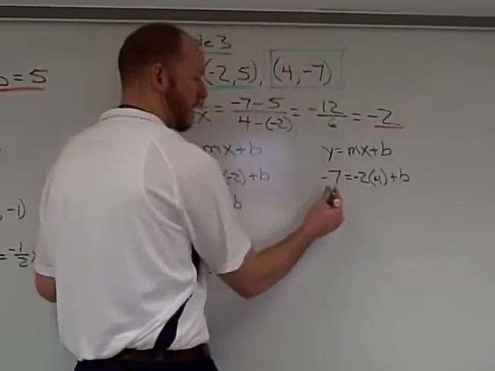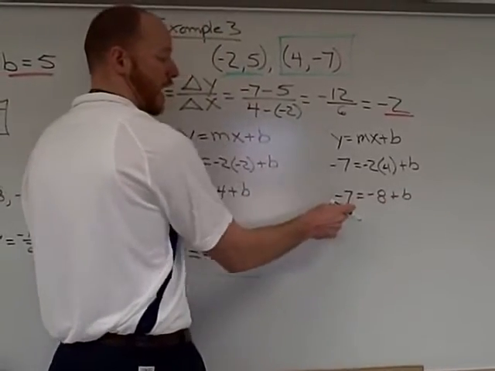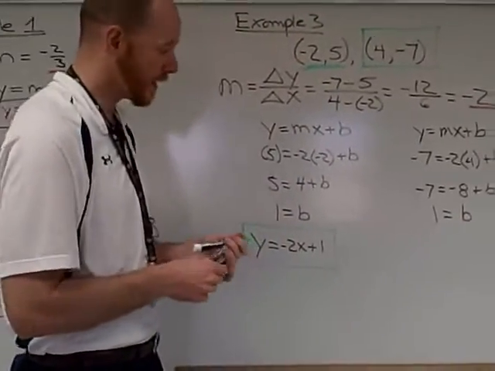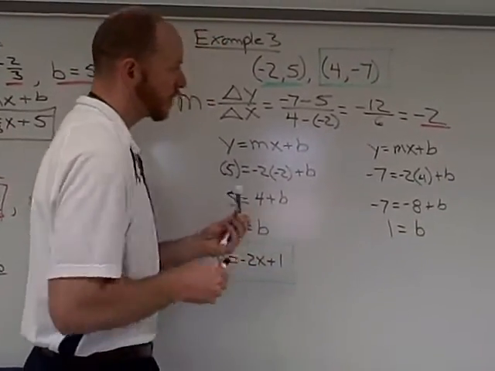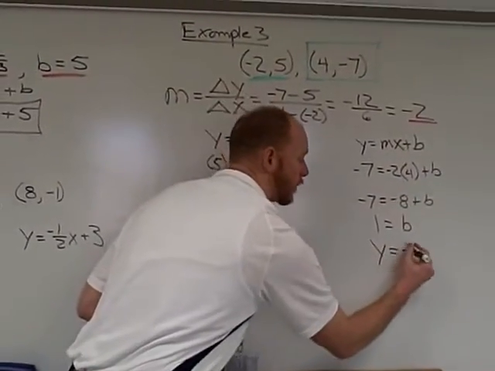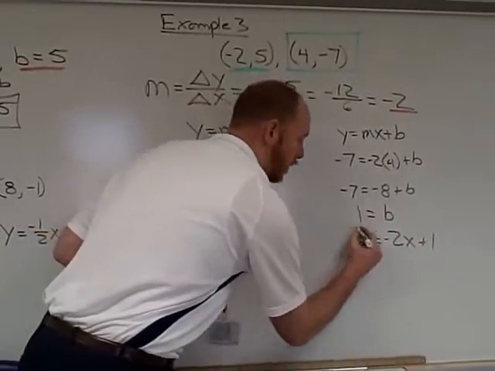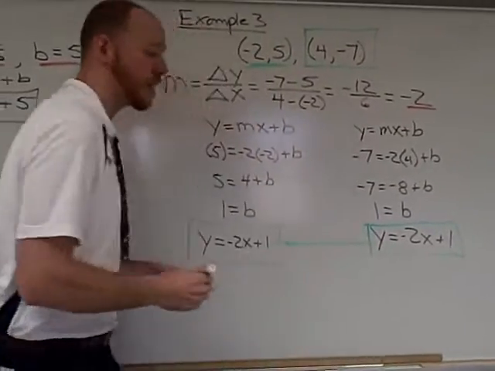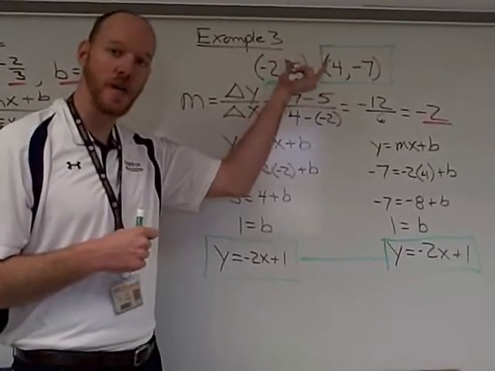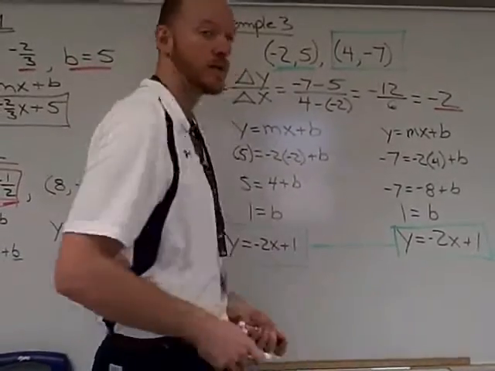This gives me -7 equals -8 plus b. Add 8 to both sides, 1 equals b. So again, you see that if we write in slope-intercept form, y equals our slope, -2x plus 1, we came up with the exact same equation. That solidifies that we found the equation of the line, and it doesn't matter which point we pick, we'll still come up with the same equation.